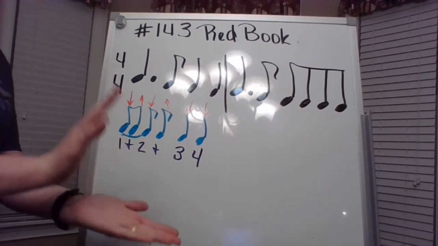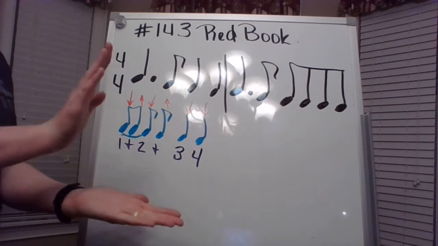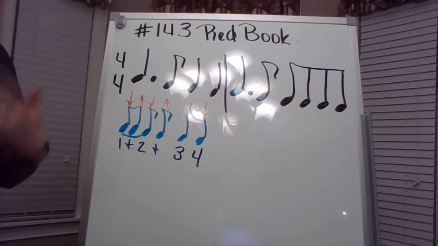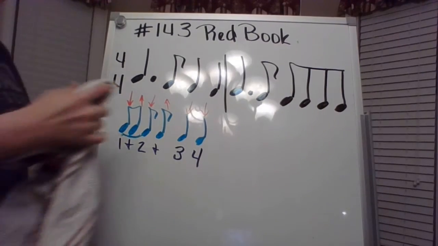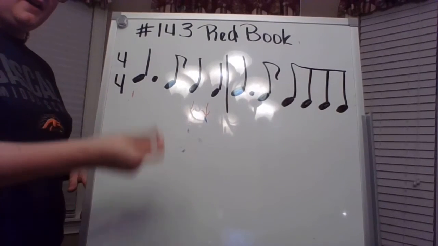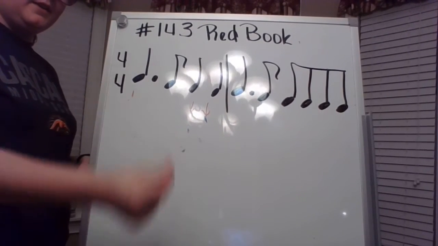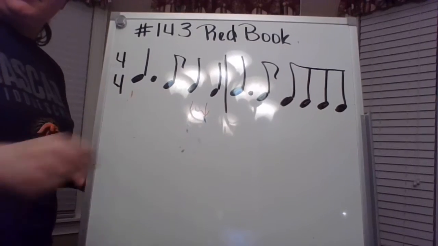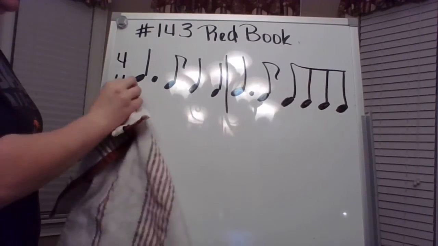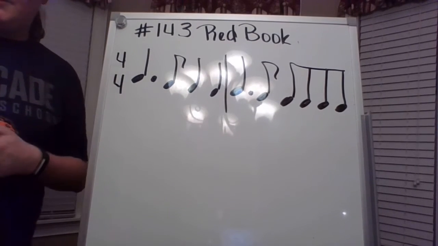Ta, ta, ta, ta, ta, ta, ta, ta. Remember the song Silent Night? Silent night, silent night. That is the same rhythm right here. So if you can sing Silent Night and tap your foot, you can play a dotted rhythm.